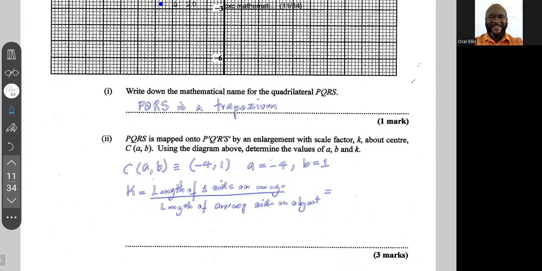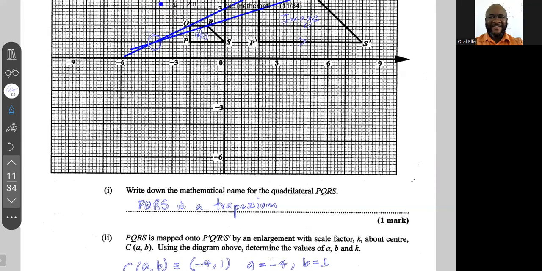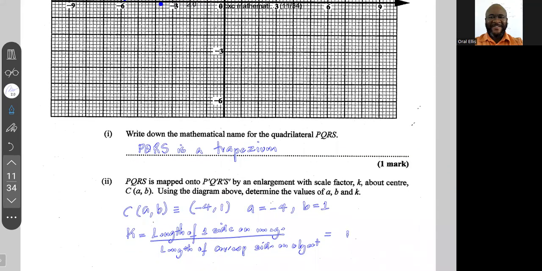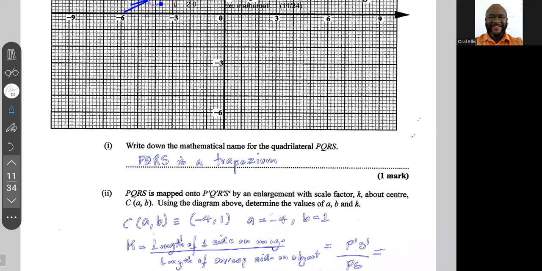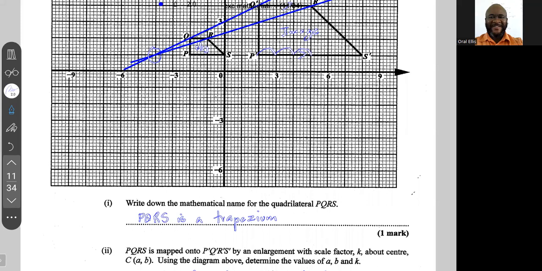So from our diagram, I could say that K is equal to P prime S prime divided by PS. Now the length of P prime S prime is 1, 2, 3, 4, 5, 6 units.